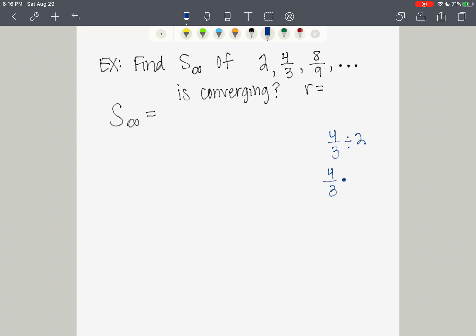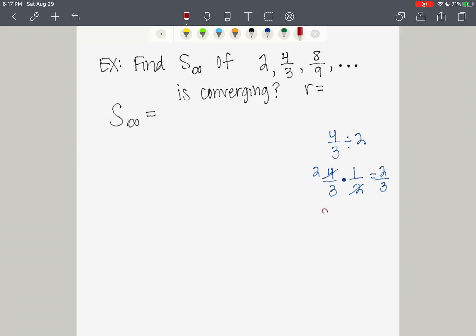I'm going to change that division into multiplication by multiplying by the reciprocal of the divisor, and that gives me 2/3. 4/3 divided by 2 is 2/3.